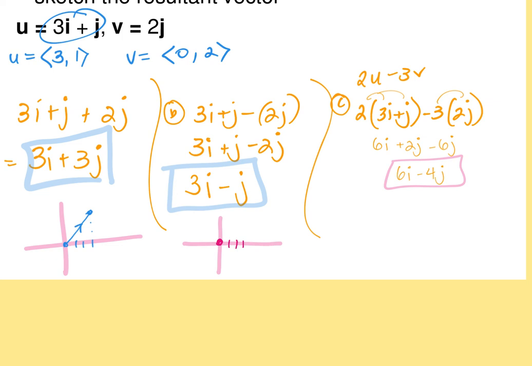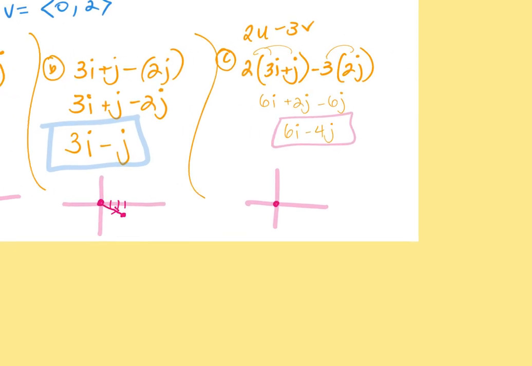What's my change in y? Good. Negative 1. And for 6i minus 4j, what's my change in x? 6. 1, 2, 3, 4, 5, 6. Change in y? -4.